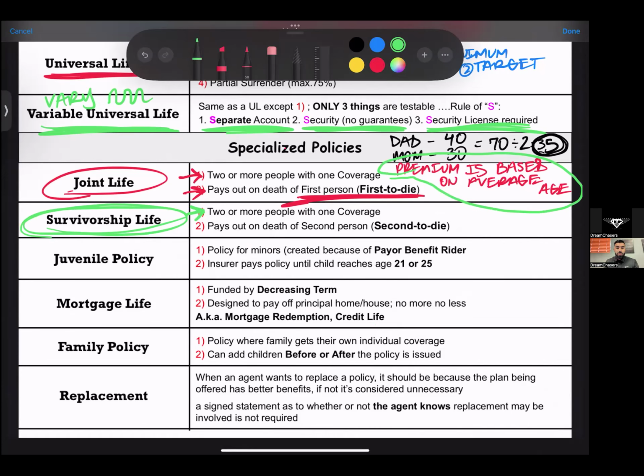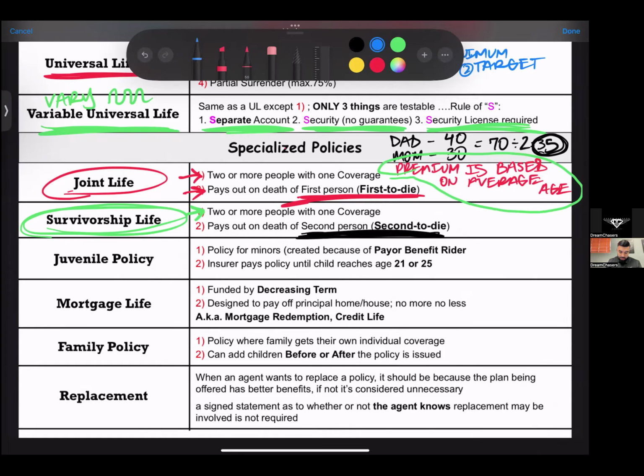But the biggest difference between the two is that survivorship life pays once the survivor dies, meaning once the second person dies, the last to die. So here, for example, dad and mom are both covered. Dad passes away, and it doesn't pay out anything to mom. Then mom passes away, and now it's going to pay out to the son. So it doesn't pay out until the last person dies.